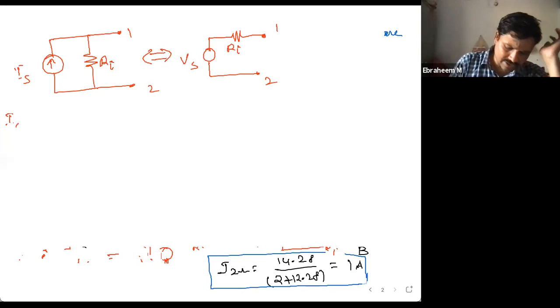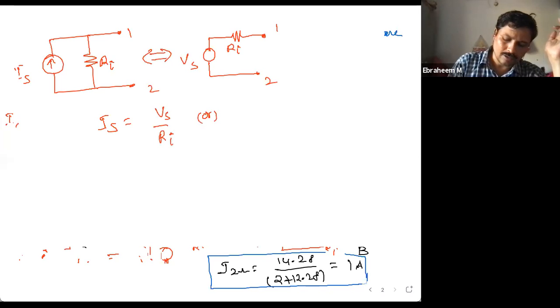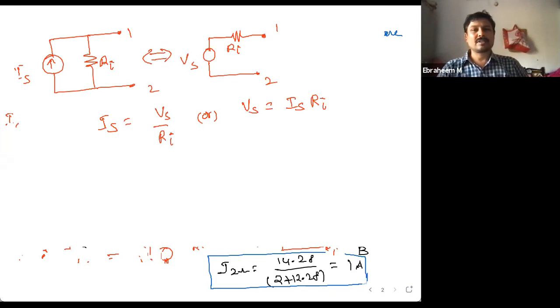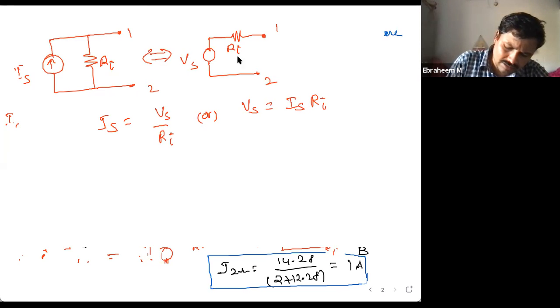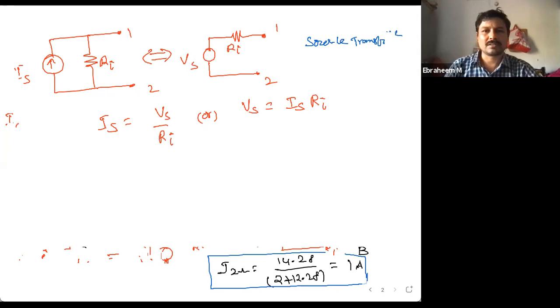The relation between these two is Is is equal to Vs by Ri, or Vs is equal to Is into Ri. We can simply convert a voltage source into a current source and a current source into a voltage source whenever required while solving circuits. This is source transformation. Now the screen is clear.